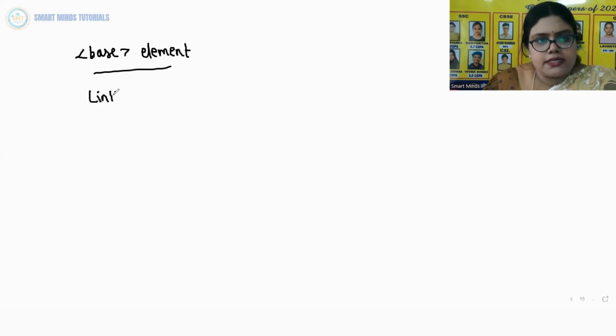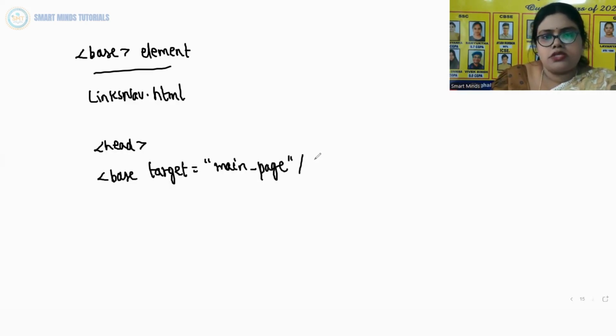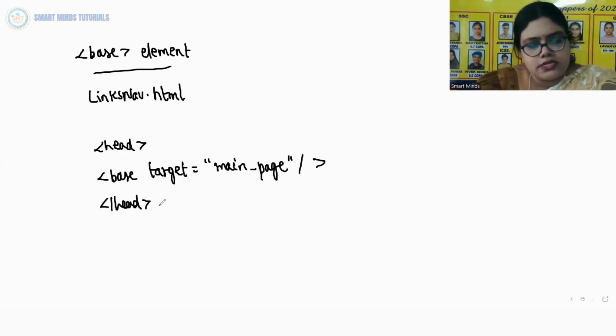So linksnav.html is added in the code as a default frame target. Let's see how we give it. First take the head tag, then base target equals "main_page", close the tag, then close the head tag. So this is the way of giving the base element.